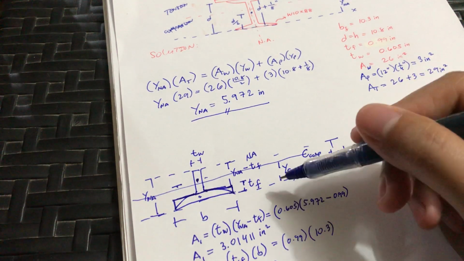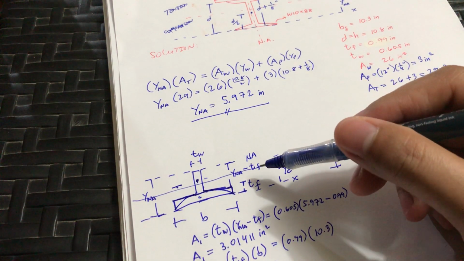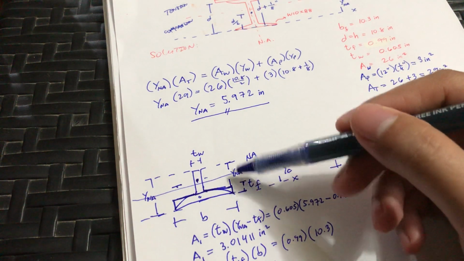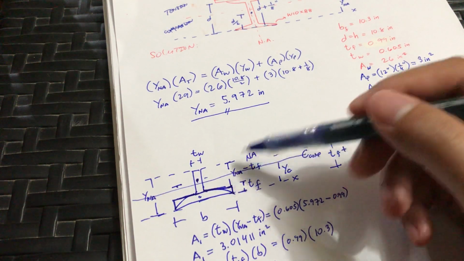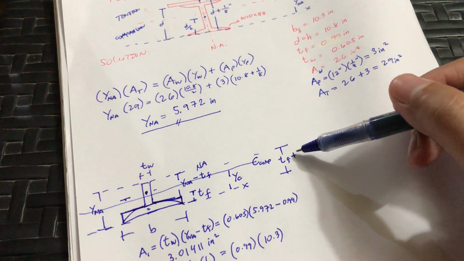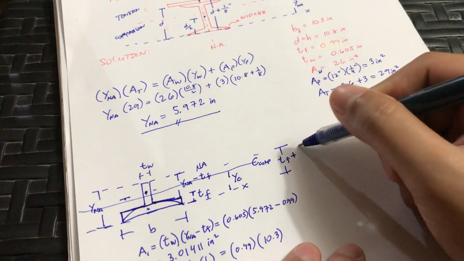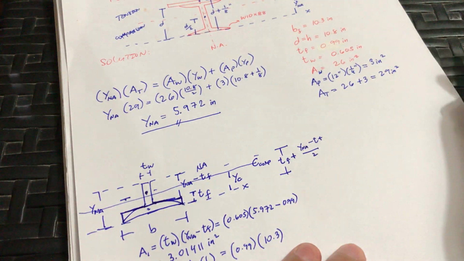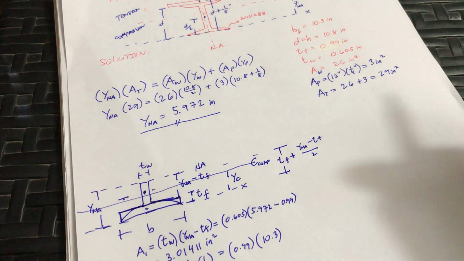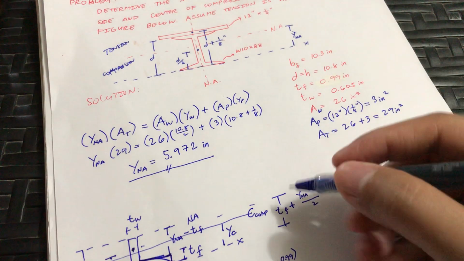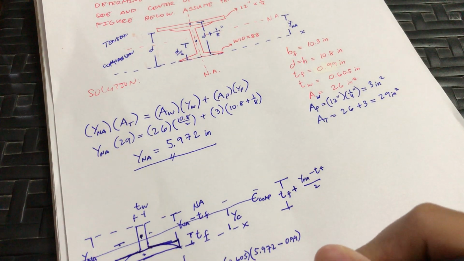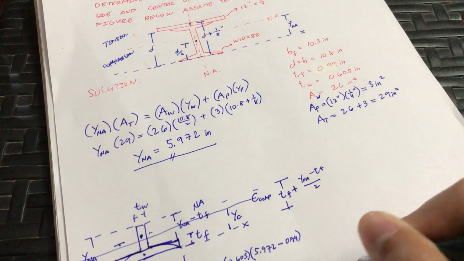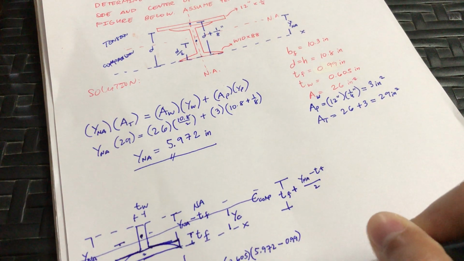So TF plus the half of this side. So this is TF plus YNA minus TF all over 2.